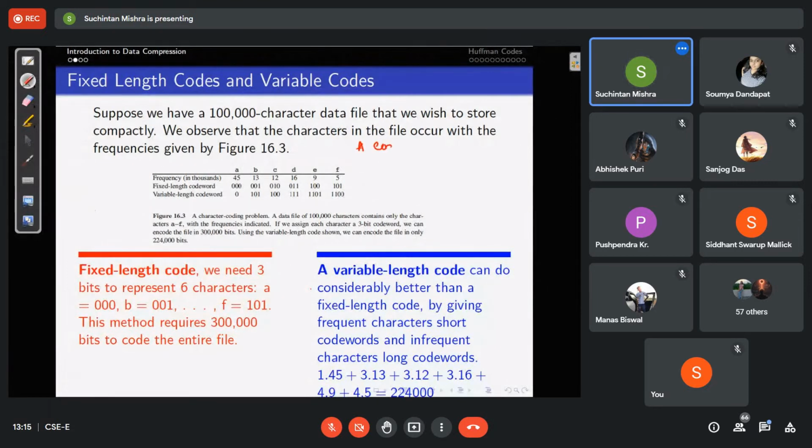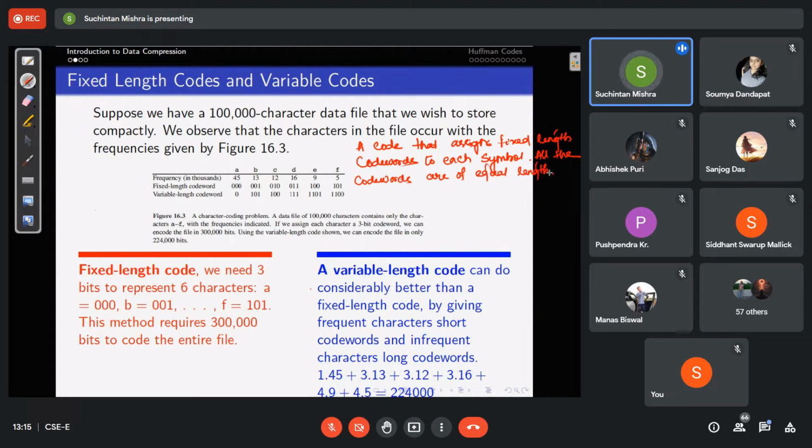So what is a fixed length code? A code that assigns fixed length code words to each symbol. That means all these code words are of equal length.